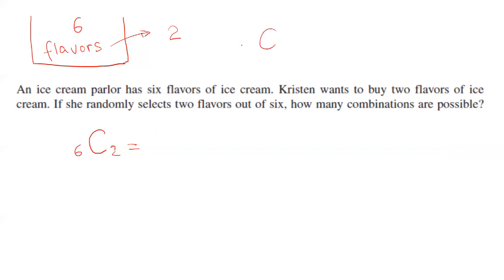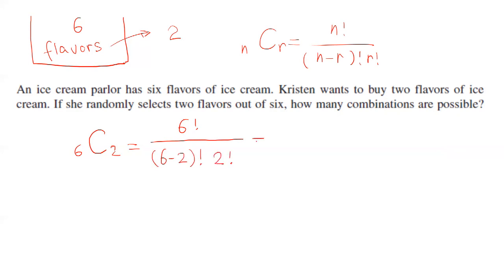The formula is C(n,r) equals n factorial divided by (n minus r) factorial times r factorial. So C(6,2) is 6 factorial divided by (6 minus 2) factorial times 2 factorial.